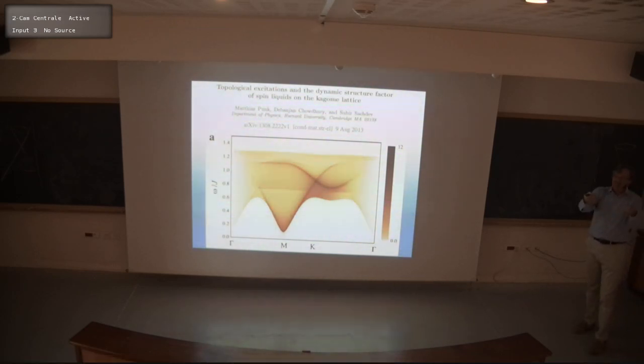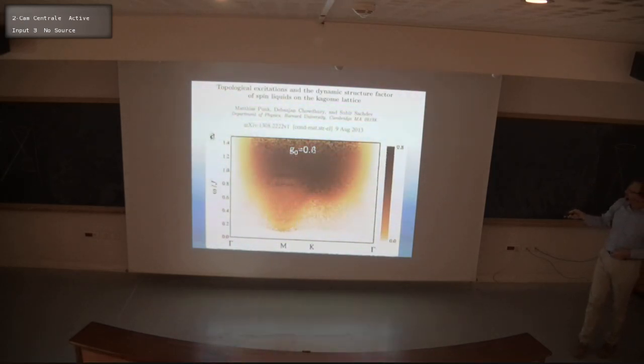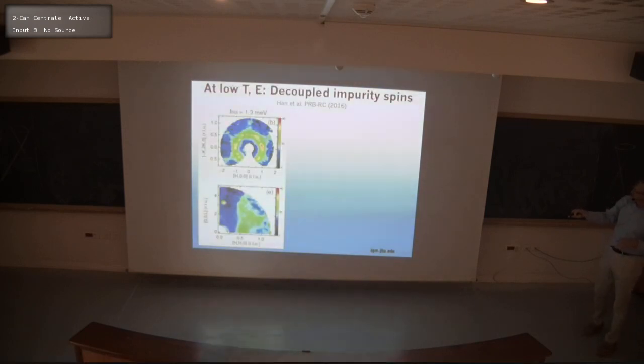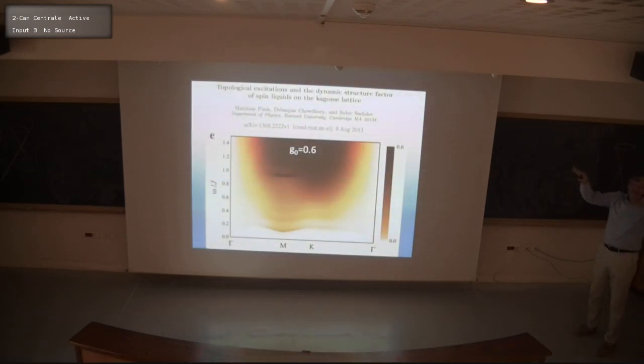So the spinons that you create interact with the vison, and that kind of scrambles momentum in such a way that you don't even have control of the center of mass momentum of the pair of spinons that you've created. And they specifically could adjust the coupling between visons and spinons and cause the spectrum to completely sink down and collapse.